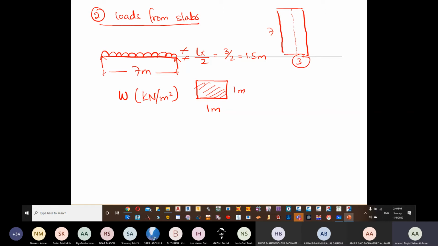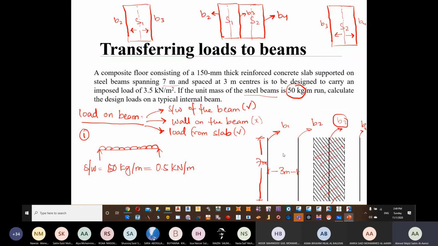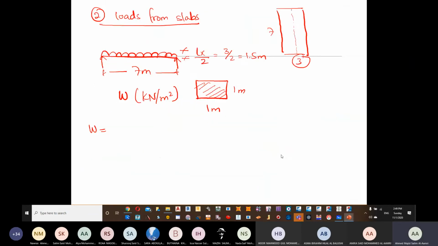Now we need to calculate our W. W is actually equal to 1.4 into dead load plus 1.6 into live load.